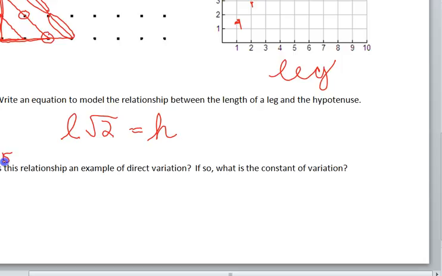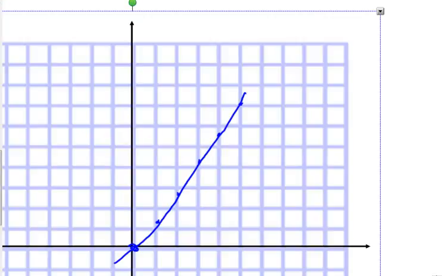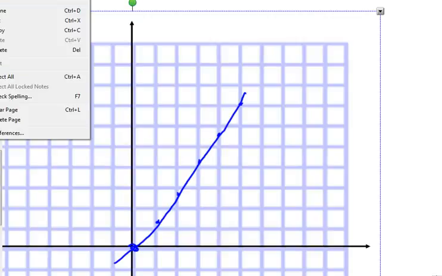And then the next question says, is this relationship an example of direct variation? And if so, what is the constant of variation? Now, you talked a little bit about direct variation last year in one of your chapters, so I'm just going to review you on what all of that means. So let's put this in your notebook.